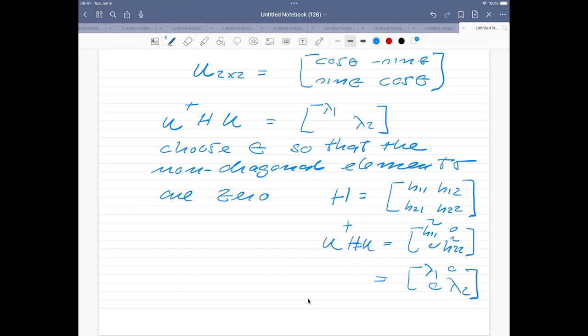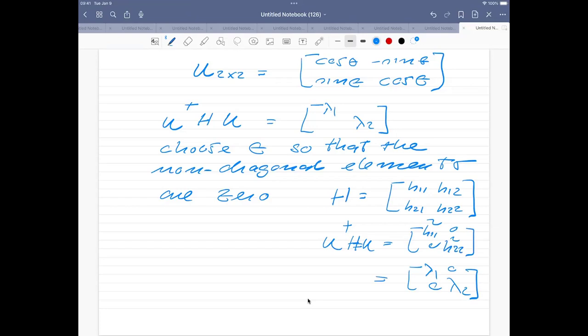If you have studied Jacobi's method, then you've probably seen that the way you would do this is to find an equation which allows you to zero out the non-diagonal elements by choosing an appropriate angle theta in the cosine and sine terms. This is pretty standard in linear algebra.